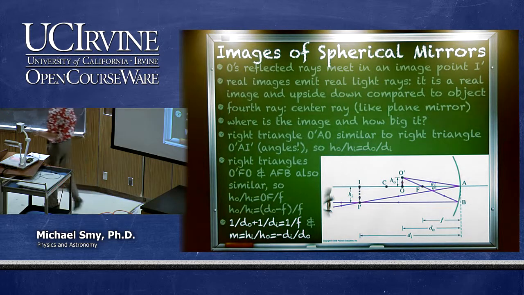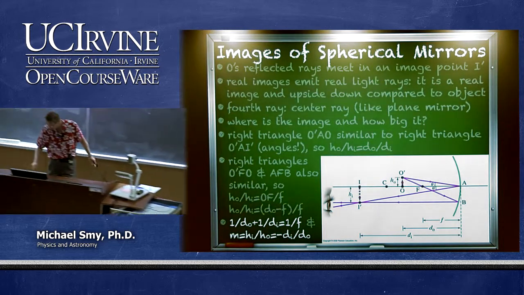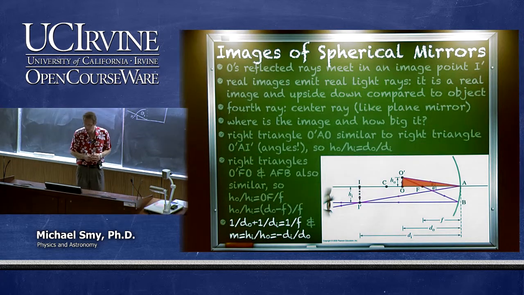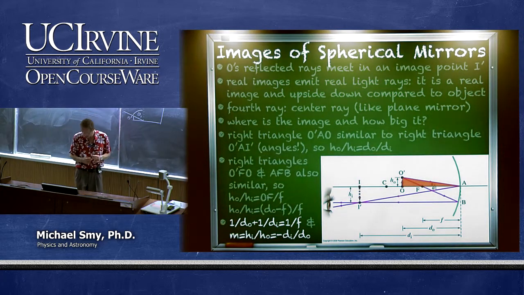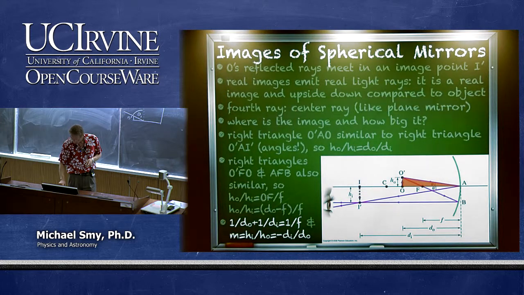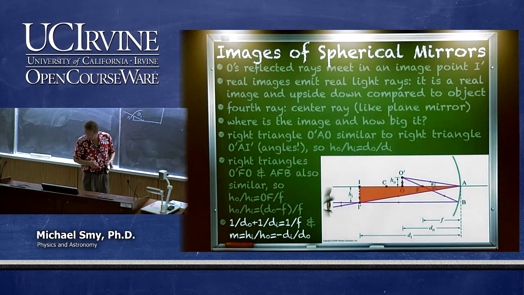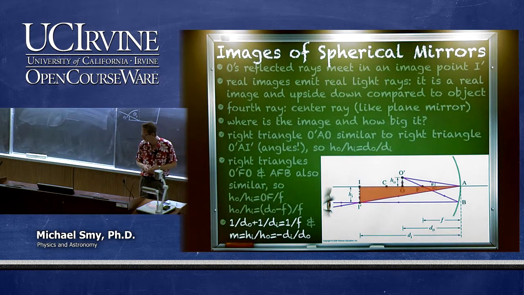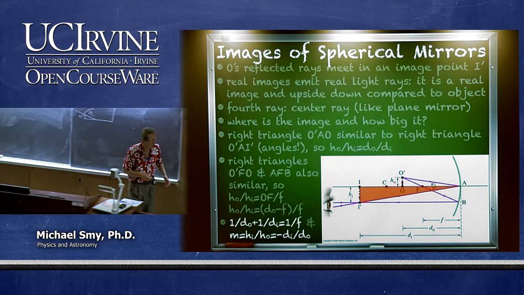So now we consider more triangles. We consider this triangle between O prime and A, or between the 2 object points and the point at the center of the mirror. And we also consider I prime A, or the 2 image points at that same point at the mirror.